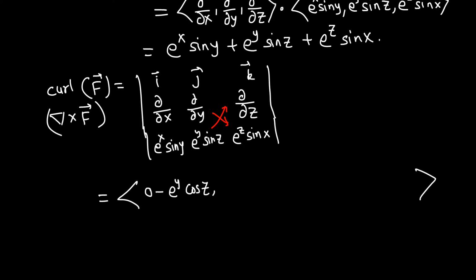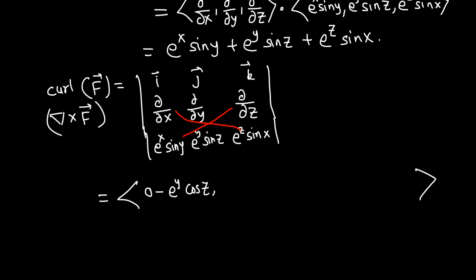Next we are going to work with the second component, j. For this we have to put a negative sign, due to the location of this j, plus minus plus. We delete the row and column containing j, so this way, the partial derivative of this with respect to x.